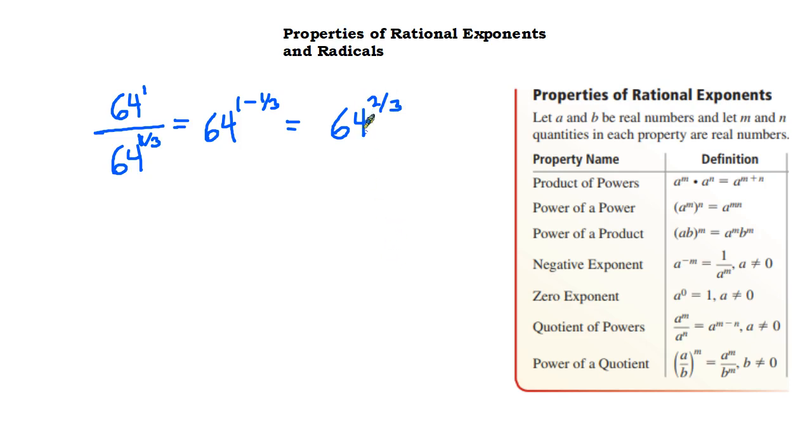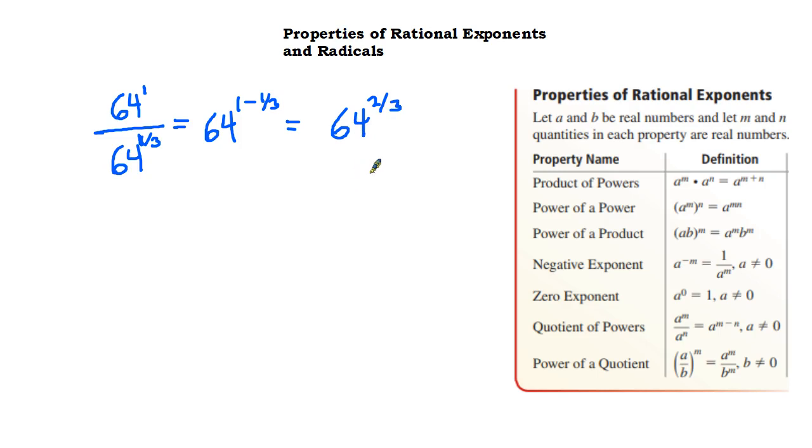And now again, you have to realize one of the two, either the 2 or the 3, is the root or the power. And you need to know which is which. I'm going to tell you right now, the 3 is the root. And if we could not take a 3rd root of 64, then we'd stop right here. But we can. It turns out that 4 times 4 times 4 is 64. So therefore, the 3rd root of 64 is 4.